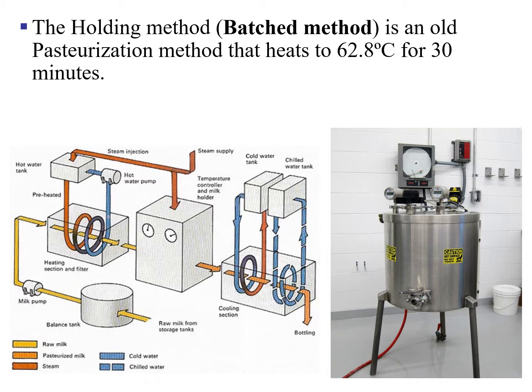The holding method is one type of pasteurization. It is also called the batch method. It is an older method, and it heats the solution up to 60 to 62 degrees Celsius for 30 minutes.